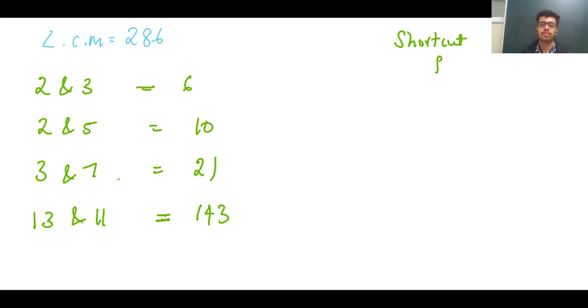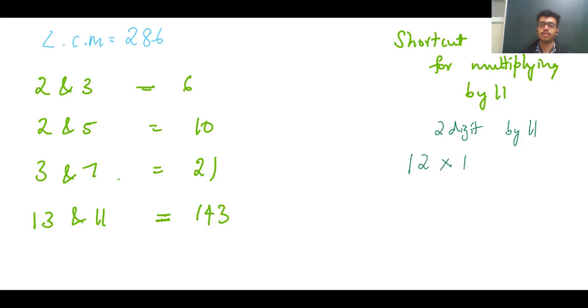Again, do you know the shortcut for multiplying numbers by 11? No, sir. Okay, so listen. If you're multiplying any two-digit number by 11, for example, let's say 12 into 11 or 13 into 11.